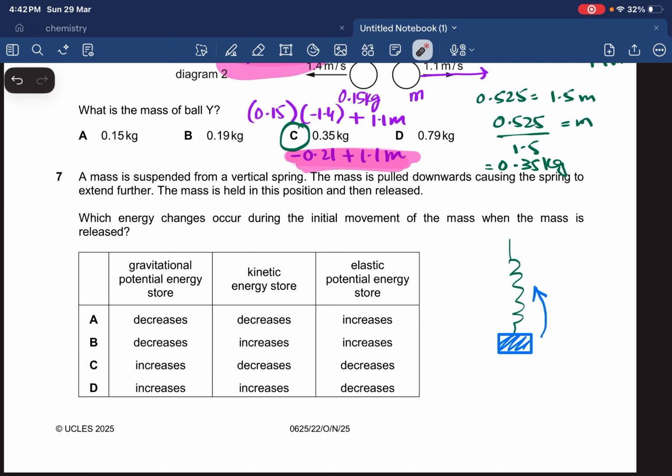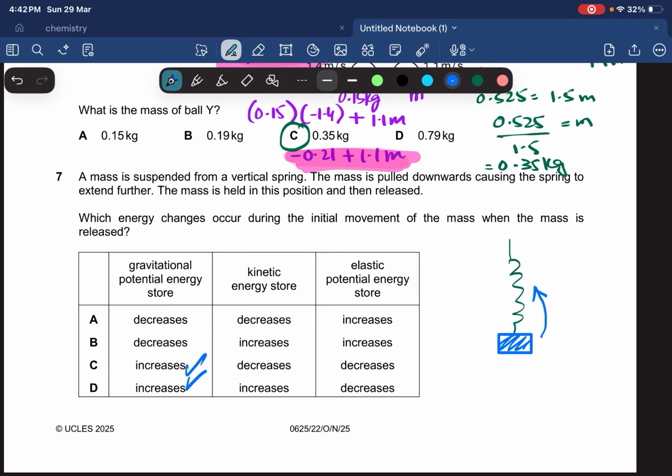So when it's going to move upwards, the gravitational potential energy is going to increase because you're gaining height, you're moving upwards. Kinetic energy, since it's going to accelerate upwards, it's going to increase. Just imagine you have something pulled down from a string and then you release it. Then what happens to the spring?